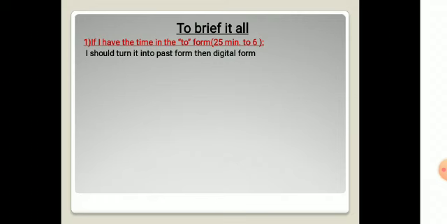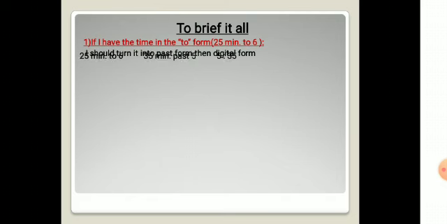I should first have my time in its digital form, then I can answer any problem or any question about time interval. So I have to convert the time from the to form to the past form, then from the past form I should turn it to the digital form.